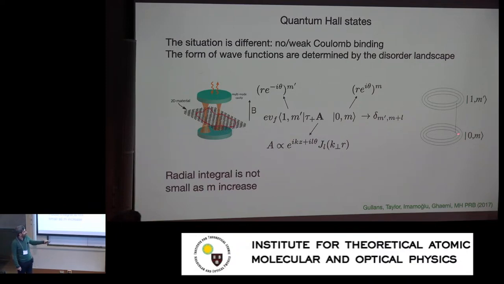So I can go from m to m plus 1 by just absorbing a sigma plus or sigma minus light. But I can go to m plus 3 or m plus 4 if the radial overlap allows me. So these are allowed through the angular part of this integral, but the radial part of the integral will determine whether these transitions are relevant.